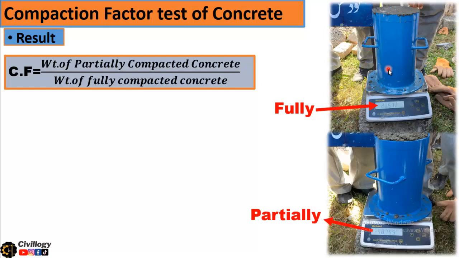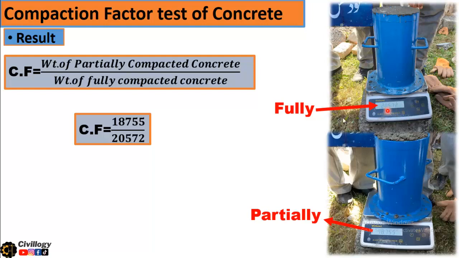Then there was partially compacted concrete, the concrete which was loose and came through the two hoppers and fell freely and filled the cylinder on its own weight, that is called partially compacted concrete.